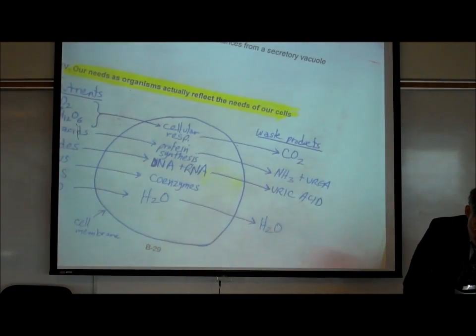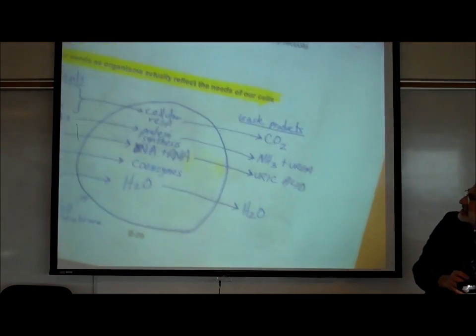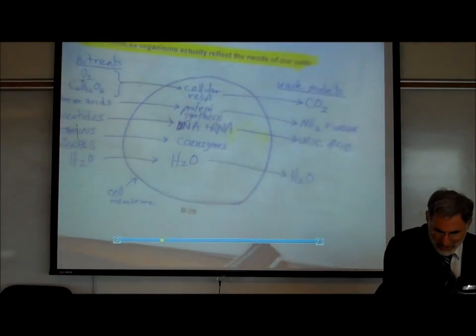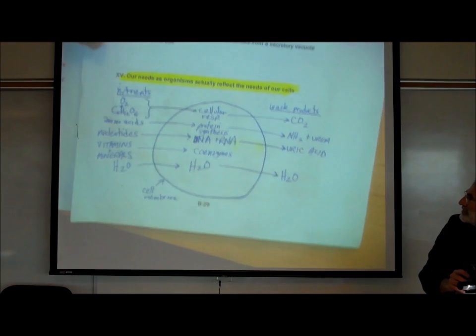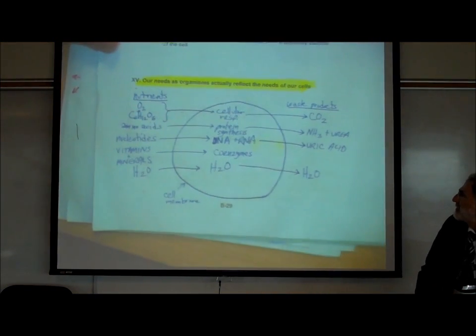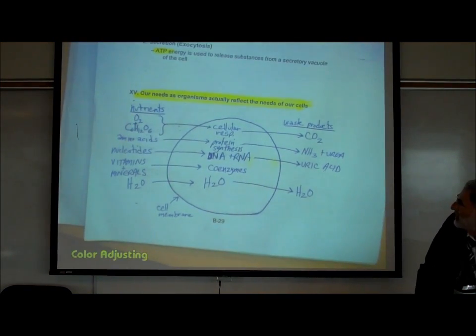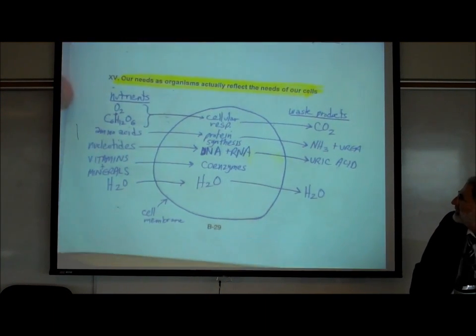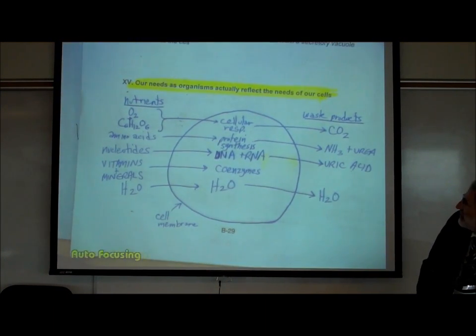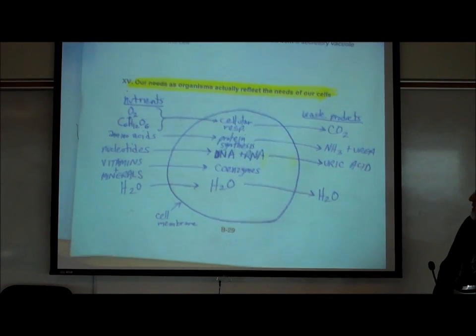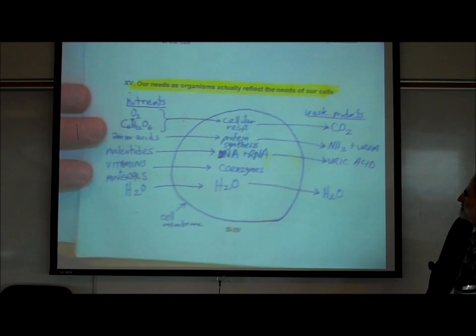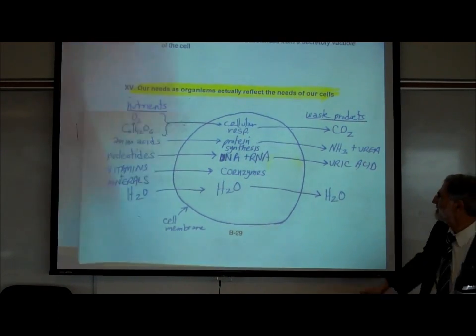Now, before we get to the break, let's really summarize what we've been doing for the last week or so. And many of us are thinking, yeah, what have we been doing? All right, so we've got a cell here. This is the cell.